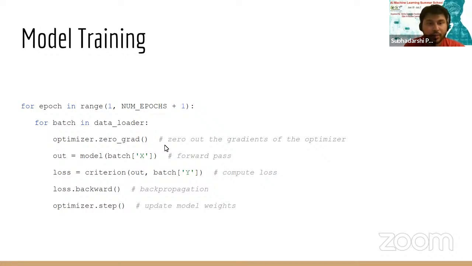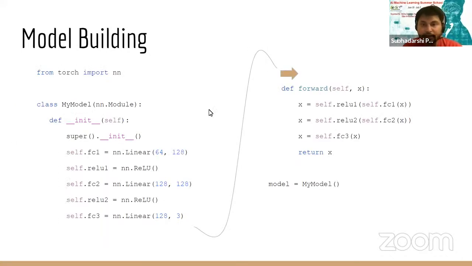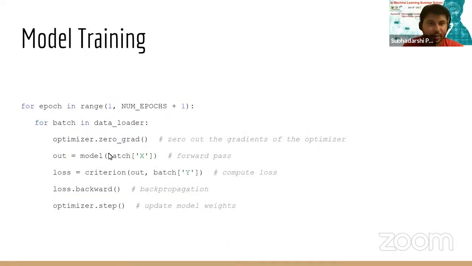Then we do a forward pass of the data. Here, it's just passing the whole batch of data through the model. So this essentially is the forward function that we wrote earlier. Just going back to the previous slide here, whatever happens in the forward method is exactly what happens when we do the forward pass here.